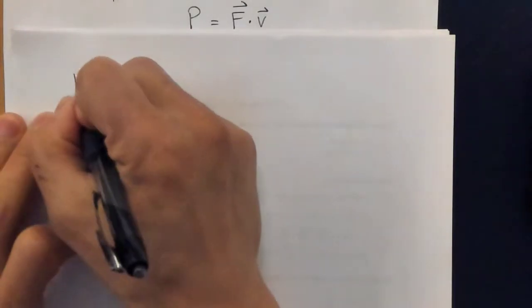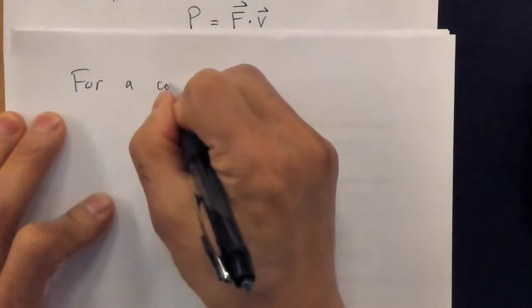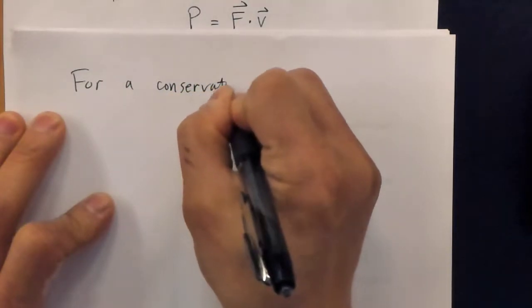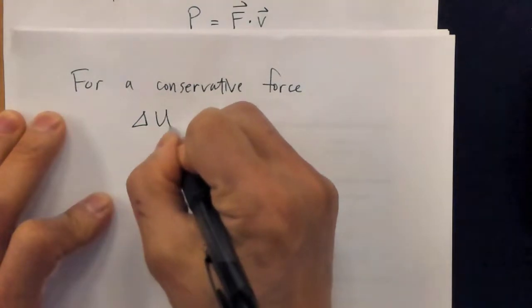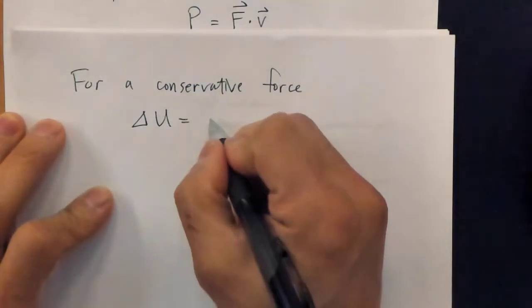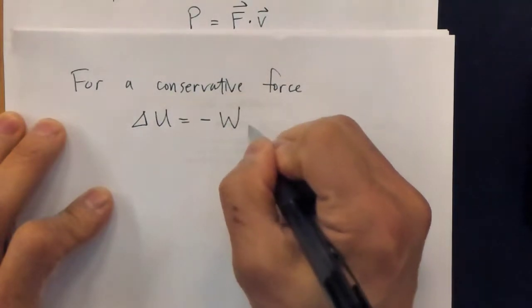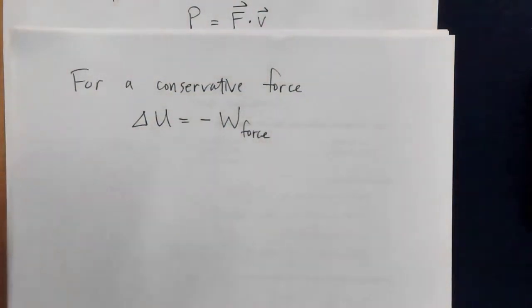I talked about lifting my calculator. I lift my calculator, gravity is doing negative work, right? But it's storing up potential energy, energy is increasing. And so we have this formula that for a conservative force, the change in the potential energy is equal to negative the work done by that conservative force.